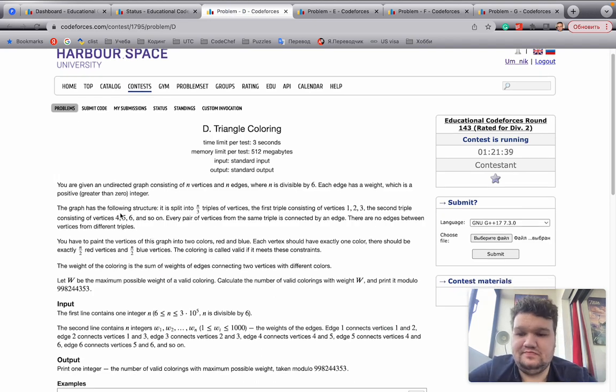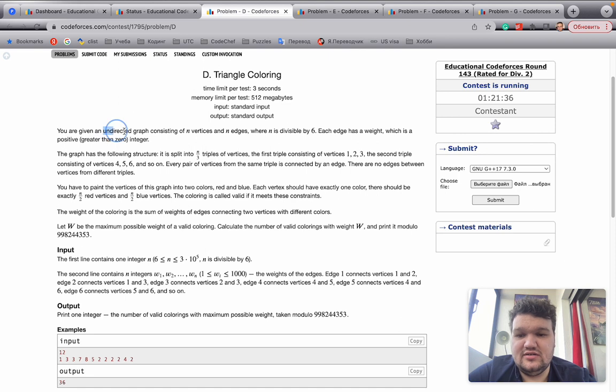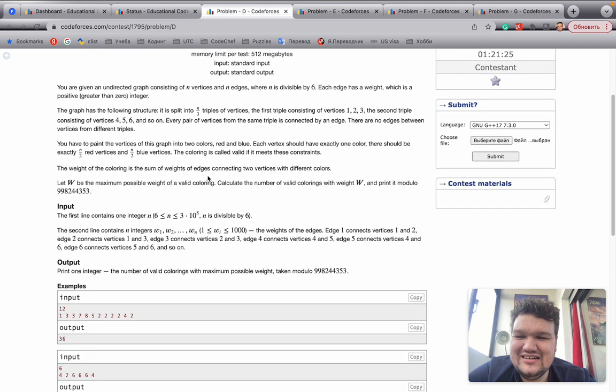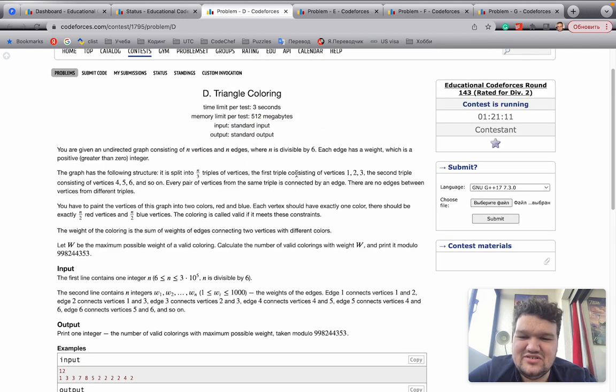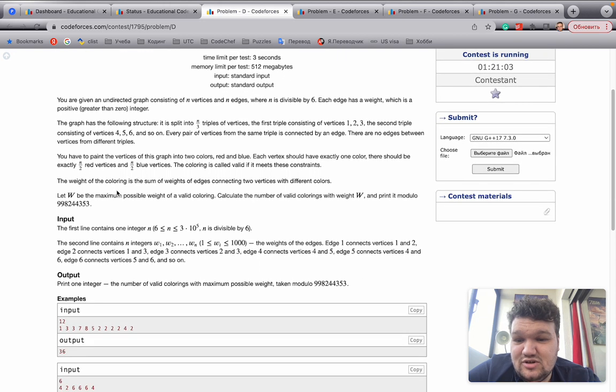Problem D. We have an undirected graph with n vertices and m edges, and n is divisible by 6. Each edge has a weight. The graph has the following structure: it is just n divided by 3 triangles, which are disconnected. You have to paint the vertices into 2 colors, red and blue.